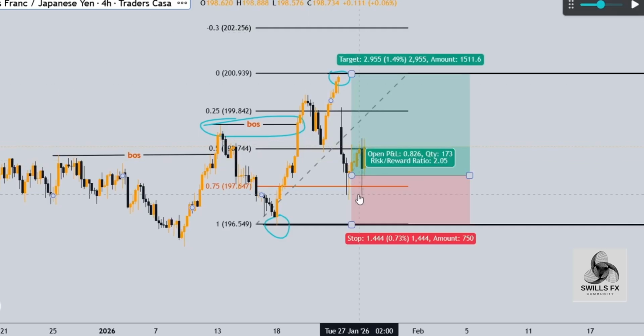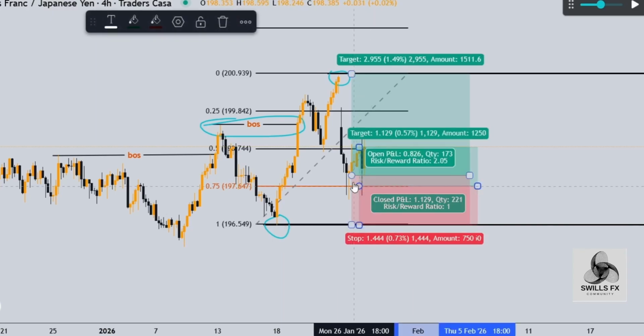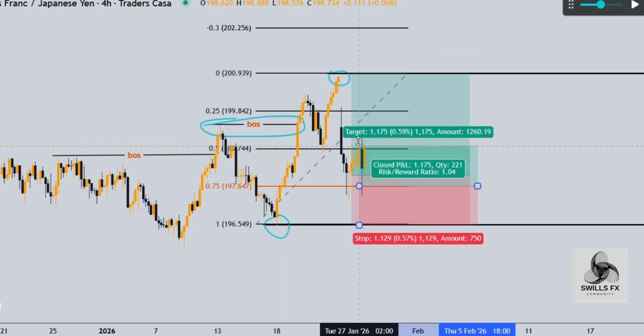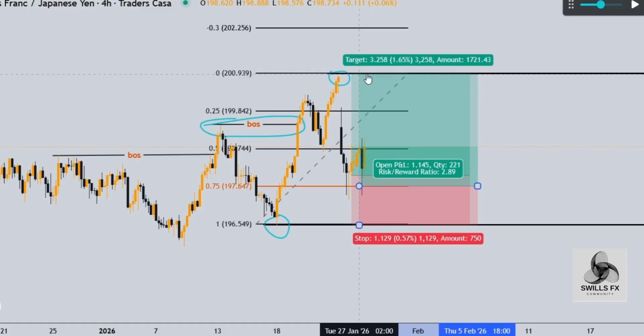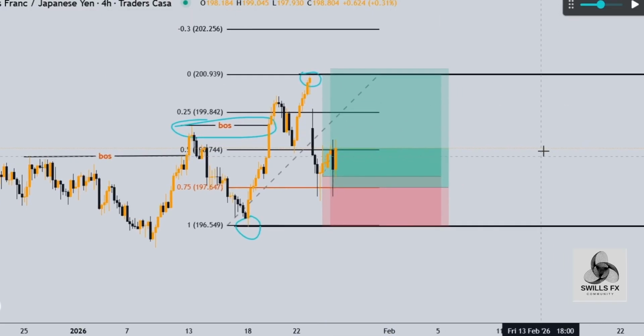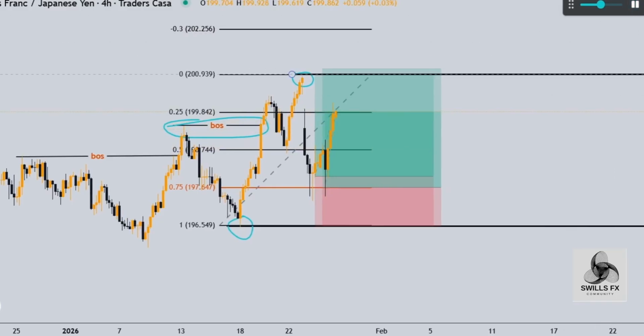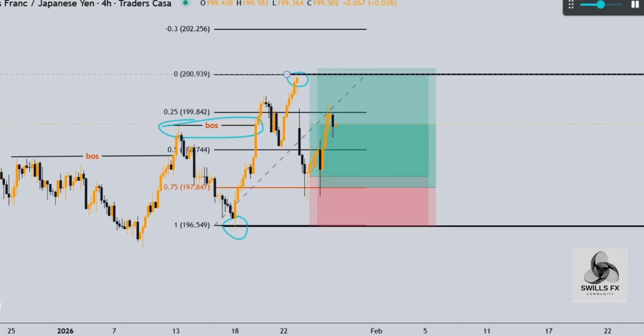So I got into another setup here, with the 1.5% that I was risking, going for my actual 1:3 risk to reward ratio over here. And actually this was very smooth, and this trade took about 9 days.